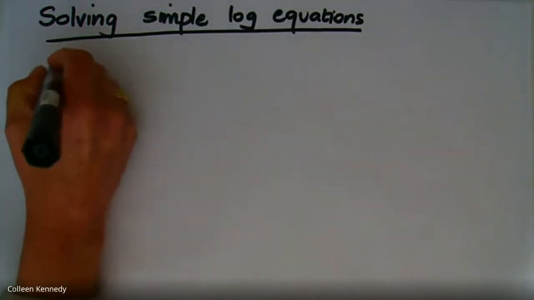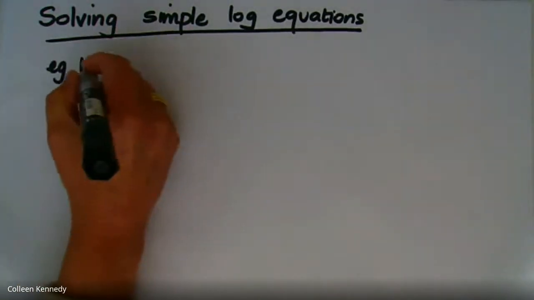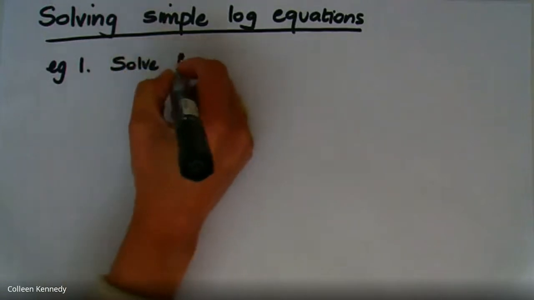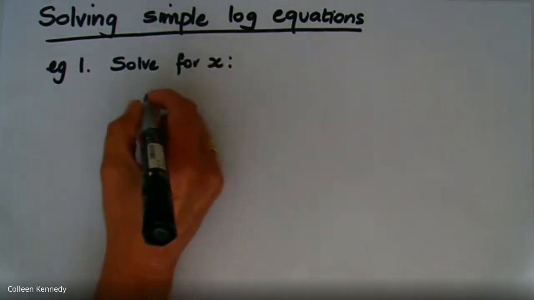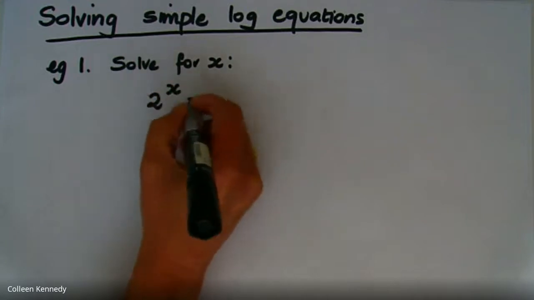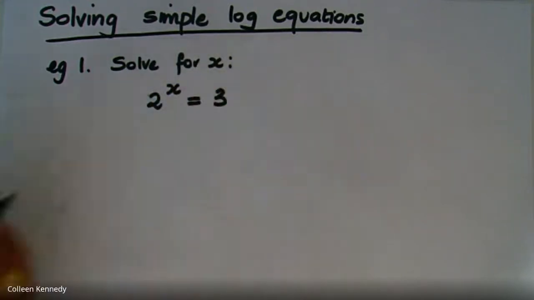All right, let's start with the first one. The question will say solve for x. Just a very simple one: 2 to the x equals 3. I don't know how far back you can remember, but in grade 10, when you drew your first exponential graph or did exponential equations, how did you solve for an exponent where you couldn't get the same base on both sides?